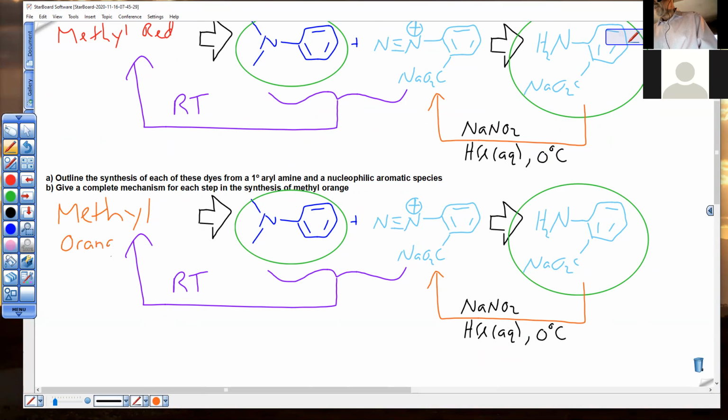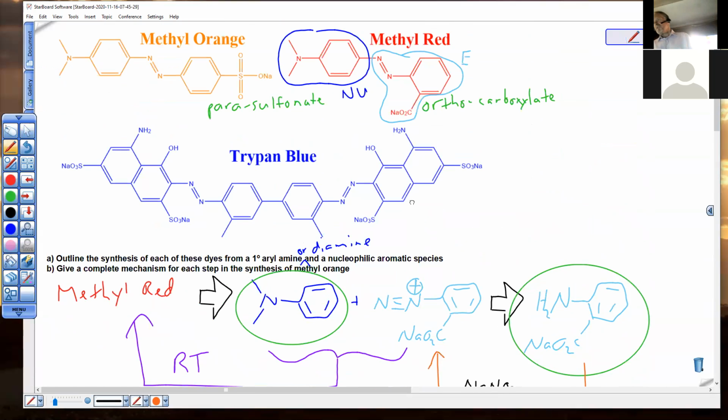So I don't think I'm going to have to tweak it too much. Methyl orange has the same dimethyl aniline portion on the left. So that portion of the analysis is identical. The amine on the right, the diazonium electrophile, is this piece here, which is a little different.